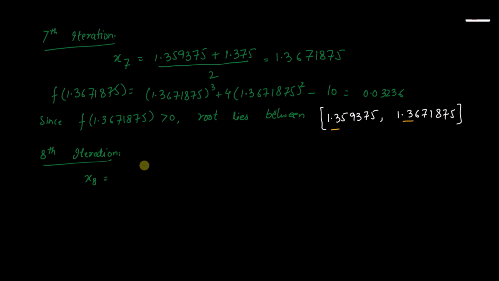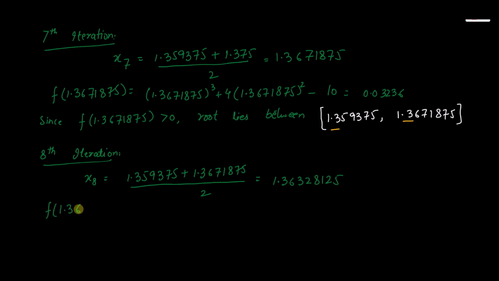So x8 is equal to 1.359375 plus 1.3671875 divided by 2, and we will get the result 1.36328125. Now we need to substitute into the function.